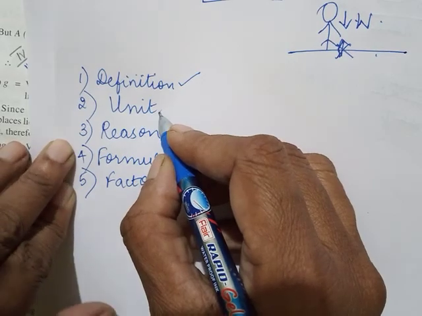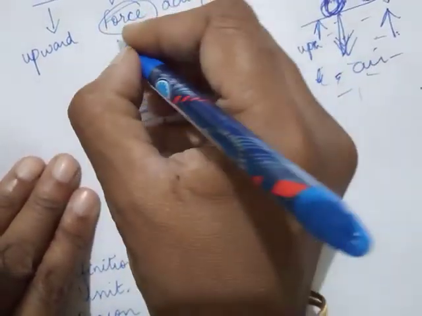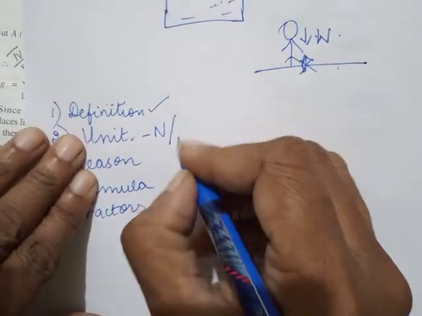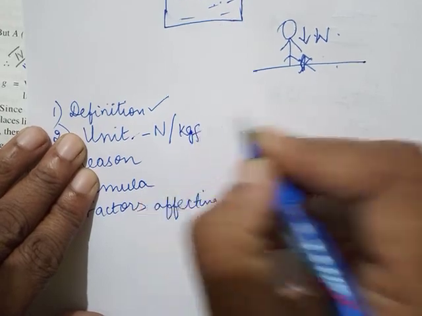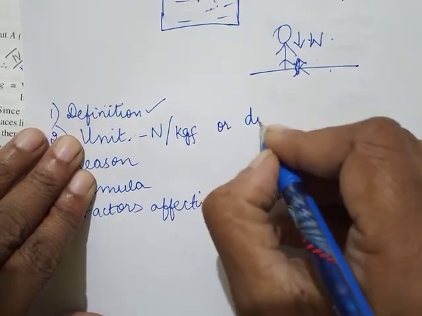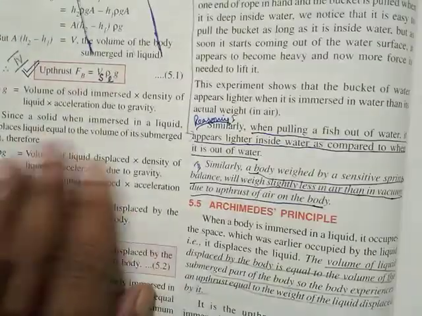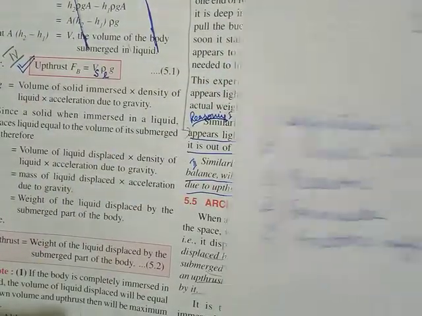Unit: what do you think will be the unit of upthrust? It is a force, so what will be the unit? Newton, or kgf, or the CGS unit will be dyne or gram force, because it is a force. Now the order is a little different.